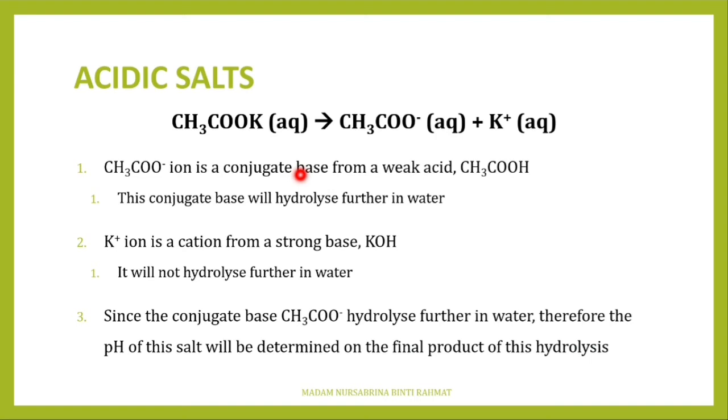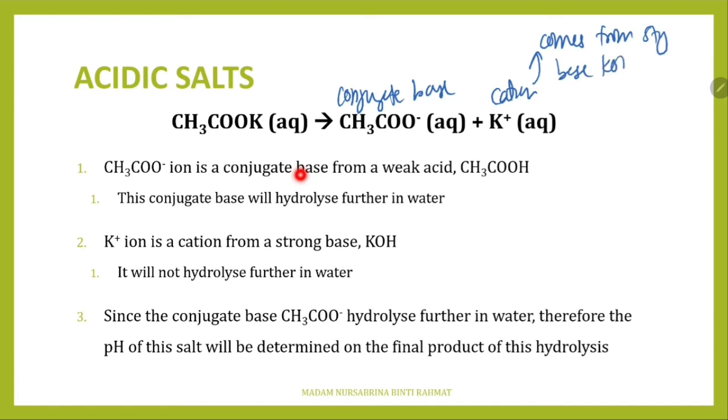If we break down potassium ethanoate, you will have this conjugate base and a cation. The cation comes from a strong base, KOH. Therefore, any ions that come from a strong acid or strong base will never hydrolyze again in water.